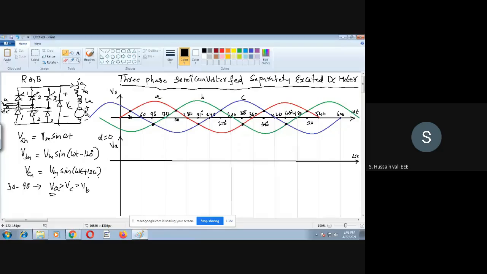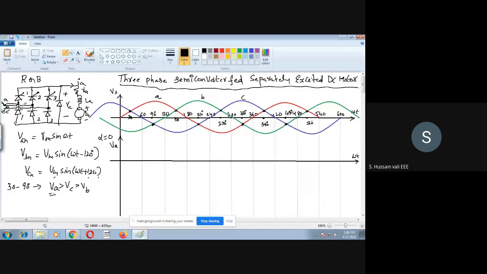Out of 6 switches, only 2 will be turned on at a time, one from the top leg, another from the bottom leg. The top legs are thyristors, the bottom are diodes. So out of 1, 2, 3 thyristors, only one thyristor will be turned on. Why is 1 turned on? Because phase A is connected to 1, and here phase A voltage is higher.